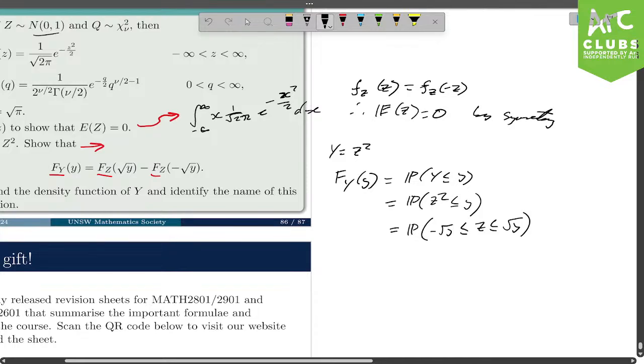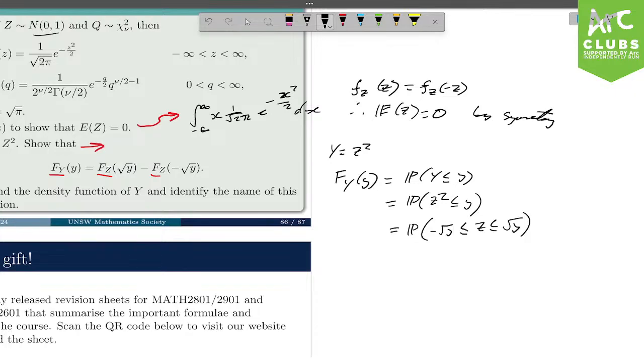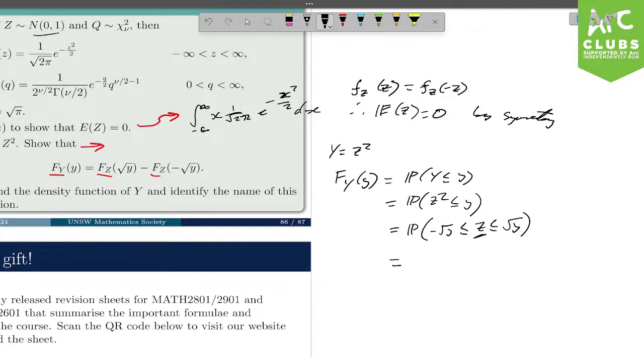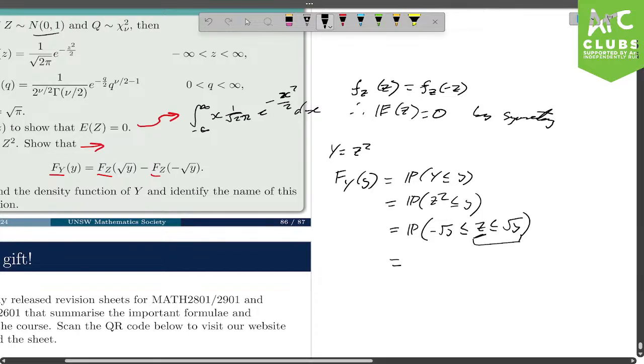Now, this two-way collapse of this probability can be expressed now as the probability density function of z. So we take z to be less than or equal to square root of y. So that's this part right here. This is the upper bounding of my variable. So this gives me f of z of square root of y.